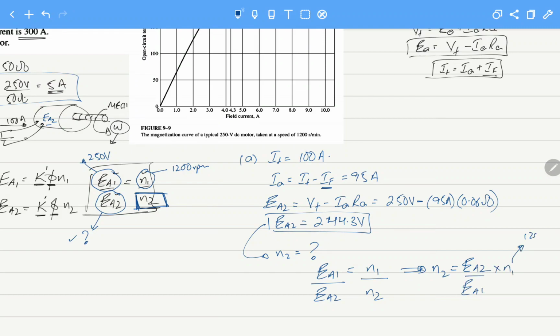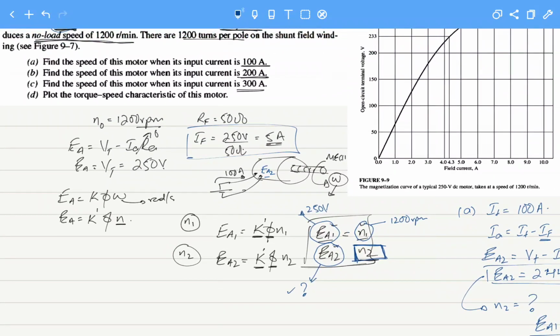N1 is the rated speed, 1200 RPM. EA2 we calculated as 244.3 volts, and EA1 at 1200 RPM was 250 volts. So the speed N2 will be 1173 RPM. The speed has fallen from 1200 to 1173 RPM because of the 100 ampere loading.